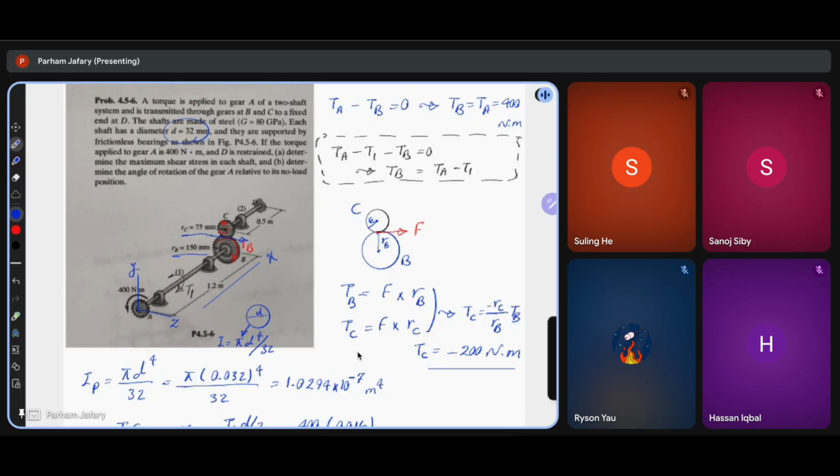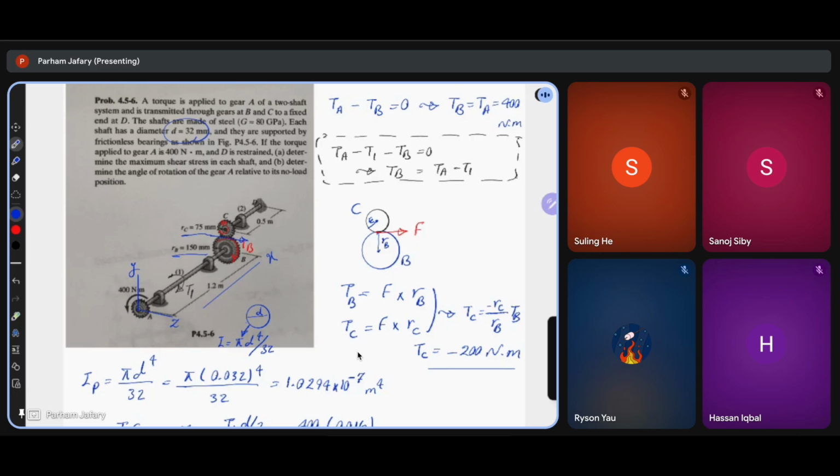And then we write the moment equation. In the exam, you might have several torques in the middle of the shaft, so you just add them up together based on the direction, positive, negative. You assume one direction positive and the opposite direction will be negative. You add them up until you find the torque at the end of the shaft, and then it is transmitted to the other shaft using a gear.